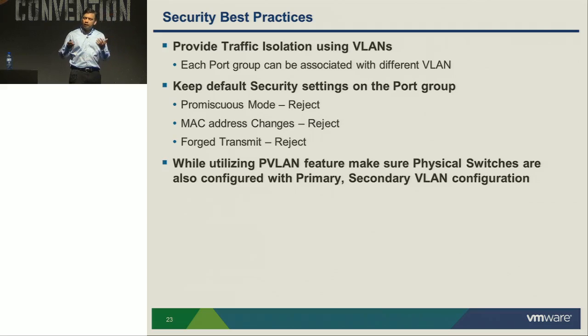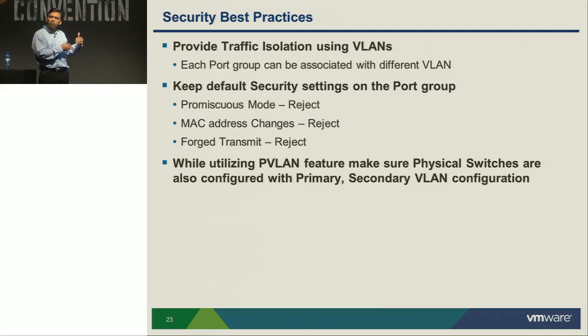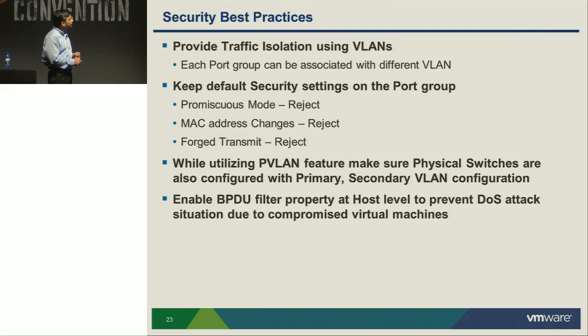But it allows you to isolate multiple different users within a VLAN. Suppose you have two applications and you had only one VLAN configuration available. You can create these PVLANs and then isolate these two applications from each other.